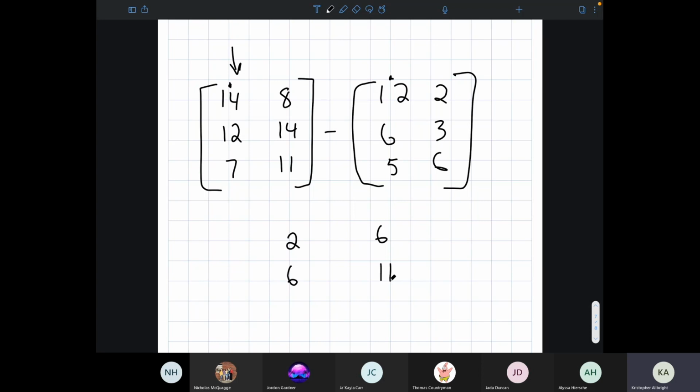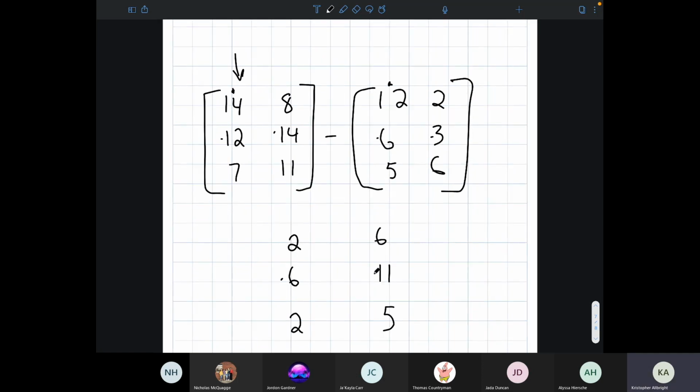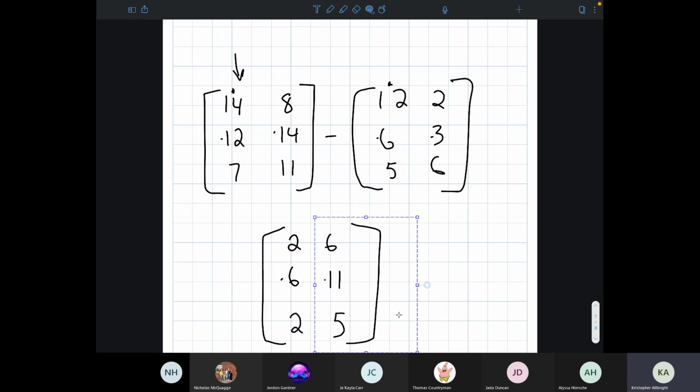So we do 12 minus 6, we get 6. 14 minus 3, we get 11. So exactly right. This would be the answer to number 7. And you can probably move these closer together. I just spread them out a little bit.